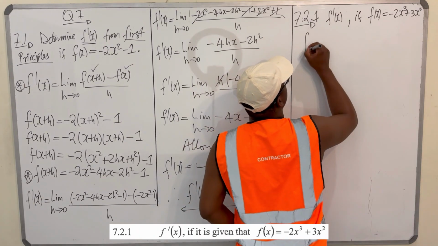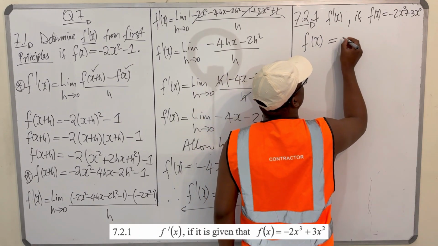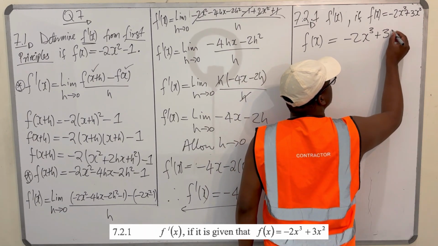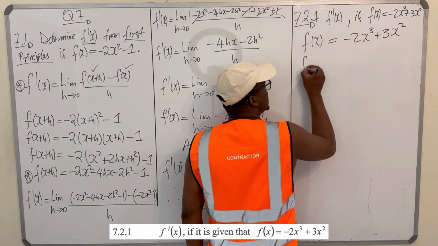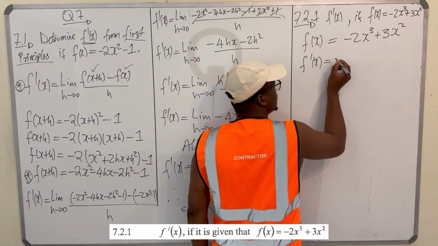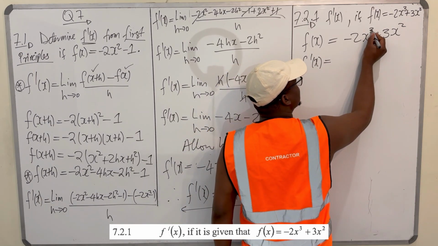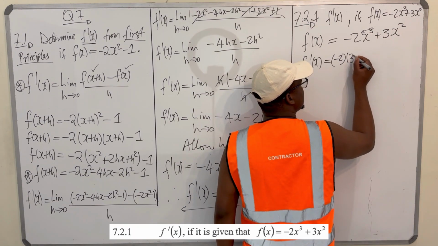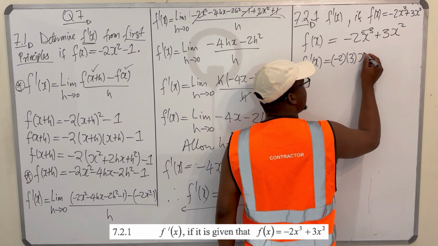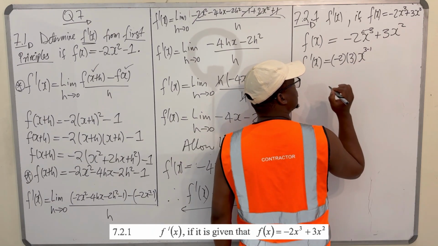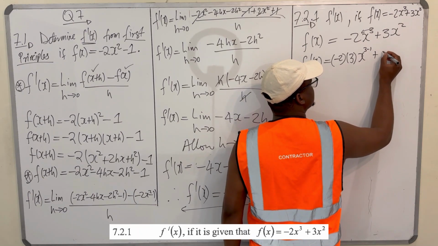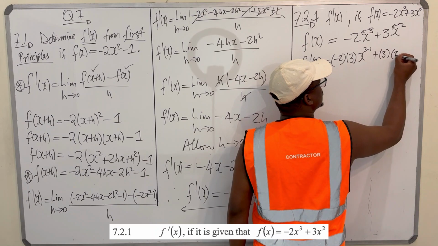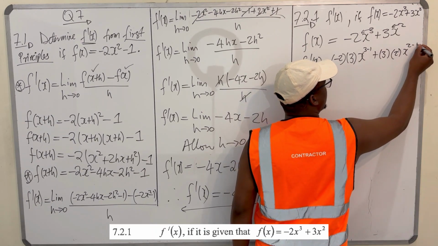So we have f of x equal to minus 2x cubed plus 3x squared. So the derivative f prime at x is equal to 3 times this, so negative 2 times 3, then you have your x to the power 3 minus 1, plus your 3 times that 2, then you have your x raised to 2 minus 1.